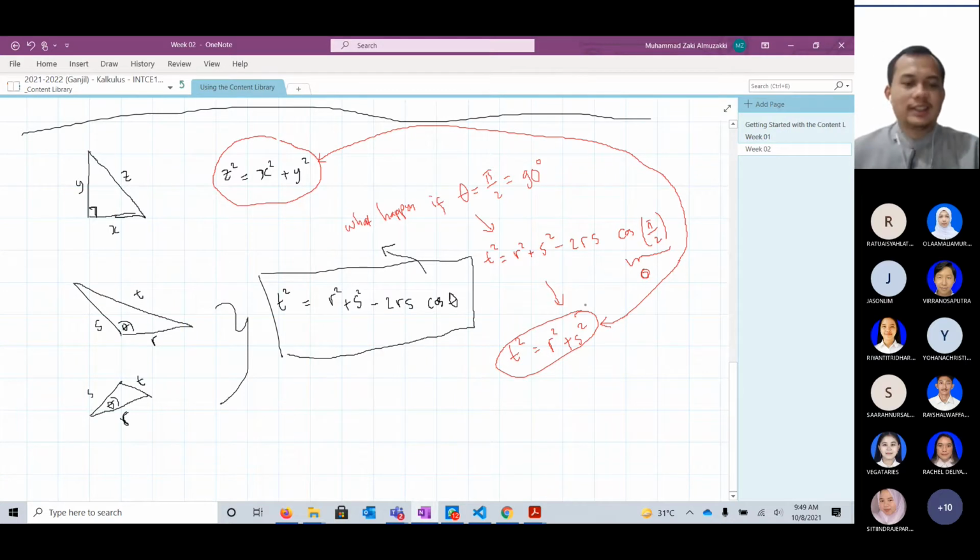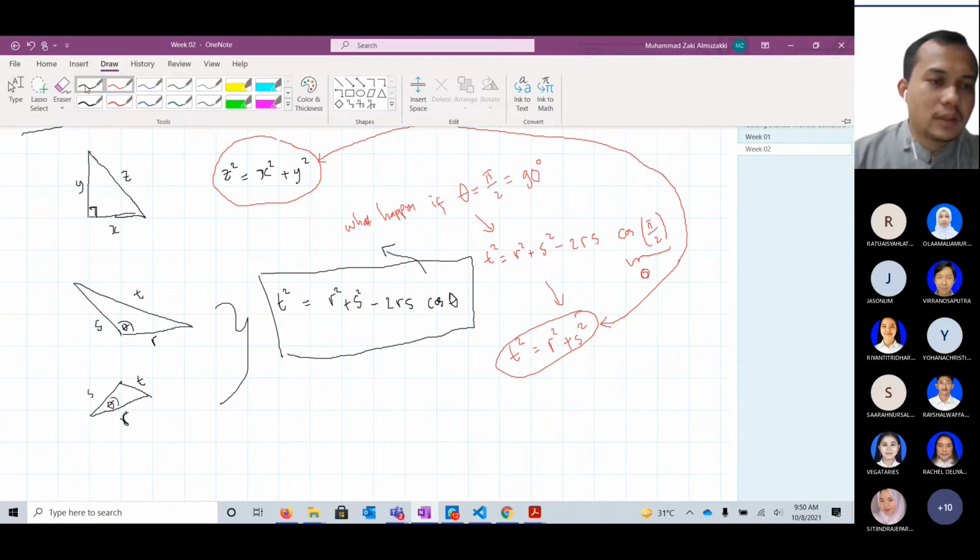Are they the same or are they different? So here we derive from the law of cosine, where theta is 90 degrees or pi over 2, we get t squared equals r squared plus s squared. And from Pythagoras, for this triangle, we have z squared equals x squared plus y squared.